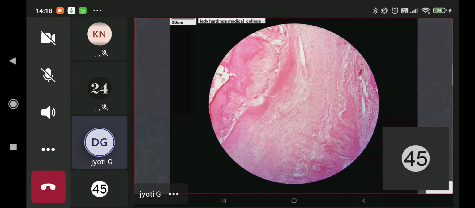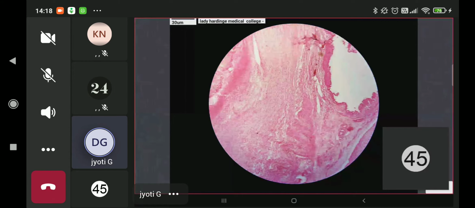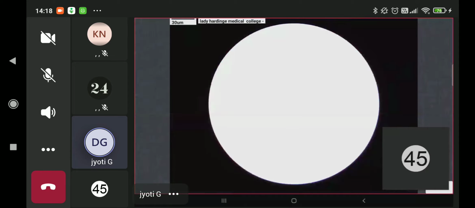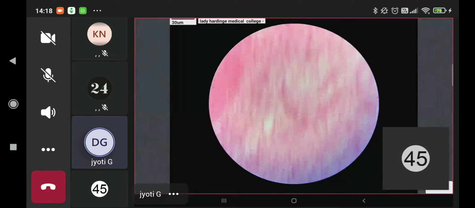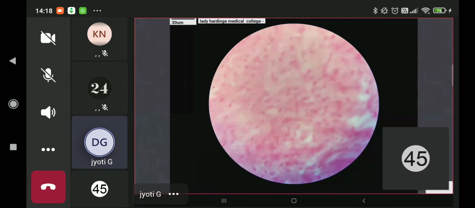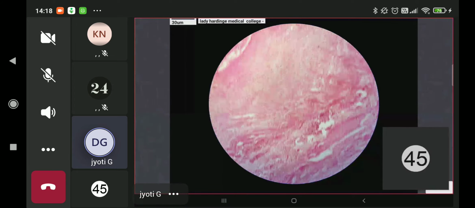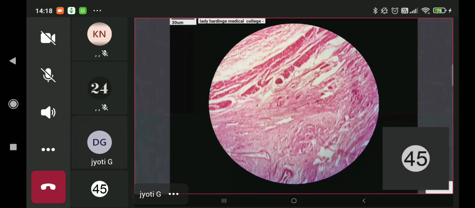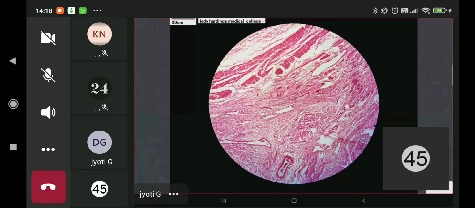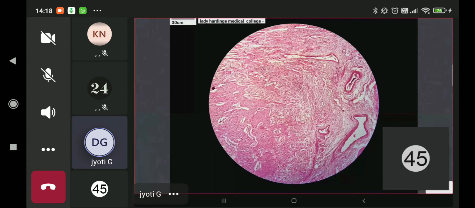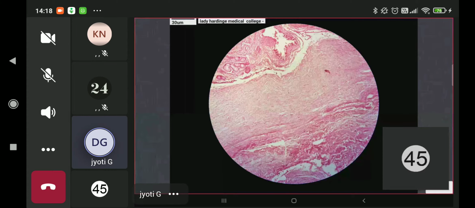Neural tissue again is from ectoderm. Okay. So what you see right now on your screens is glial tissue and that is also ectoderm. Just wait. I'll focus a better area for you people.